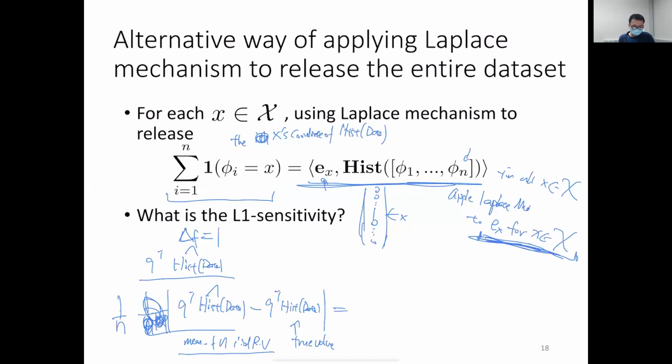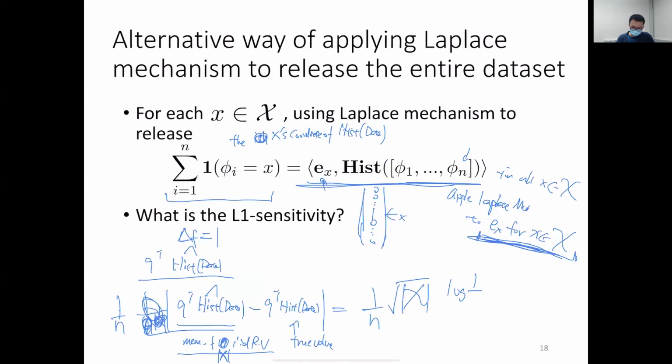And since these are means of IID random variables, with the number of random variables being the size of the data space, what we can get is 1/n times the square root of the cardinality of the data space, times log 1/delta. Yeah, so this is the scale of the error that we get.